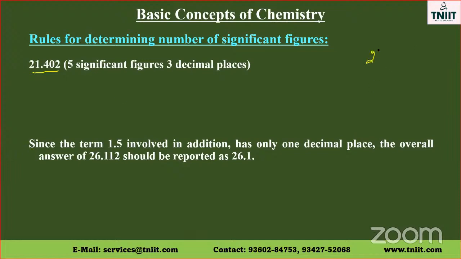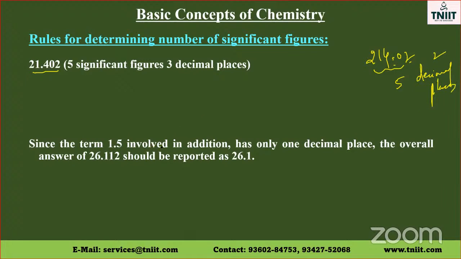Now, if I write like this, 214.02, it is again having 5 significant figures, but the decimal place is only 2. You should remember, significant figures is 5, but decimal places is only 2.